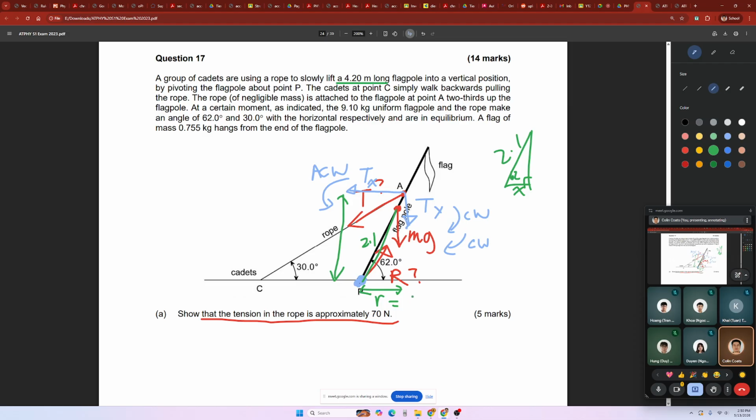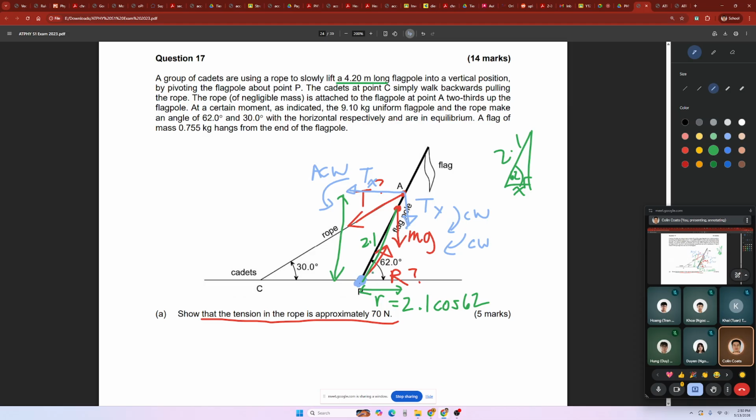We use cosine of 62. Why is it cosine? It's the adjacent side and the hypotenuse of the angle. All right, so we have the distance for that.